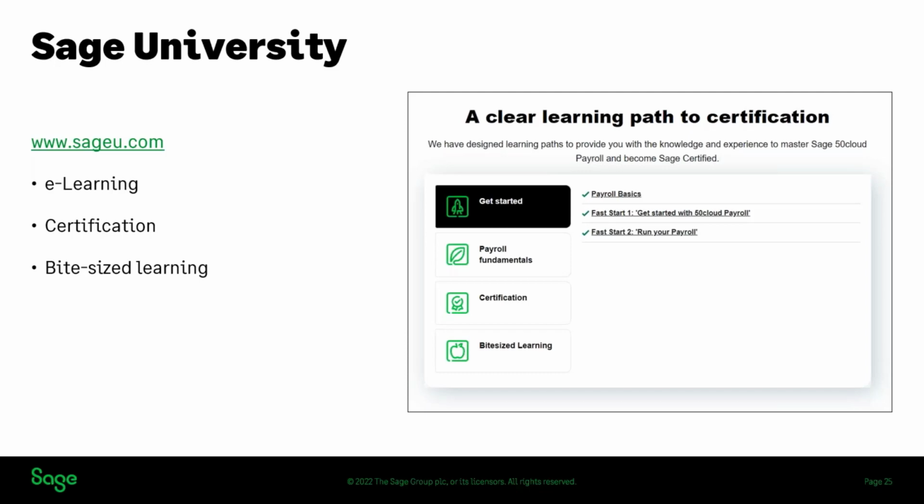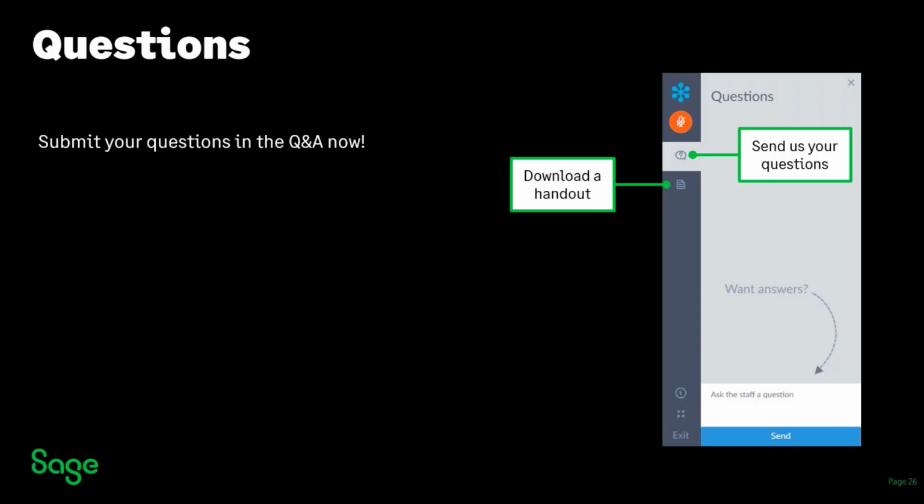You can do this in your own time and at your own pace as well. So if you want to expand your Sage Payroll learning, Sage University is definitely the place to be. So I do recommend checking that out if you ever do get a spare minute. I know payroll is always non-stop, so spare minutes are rare. If you do get one, Sage University is a great place to go have a look.